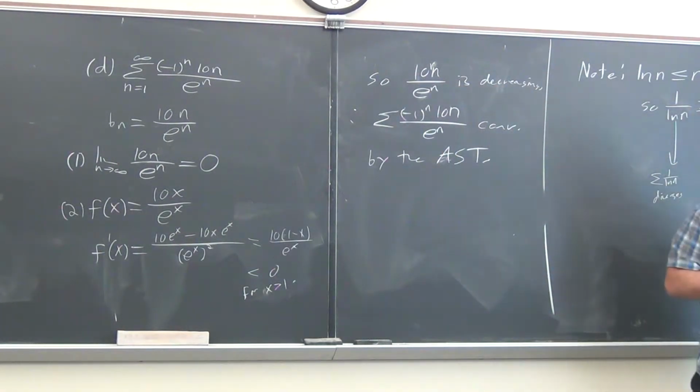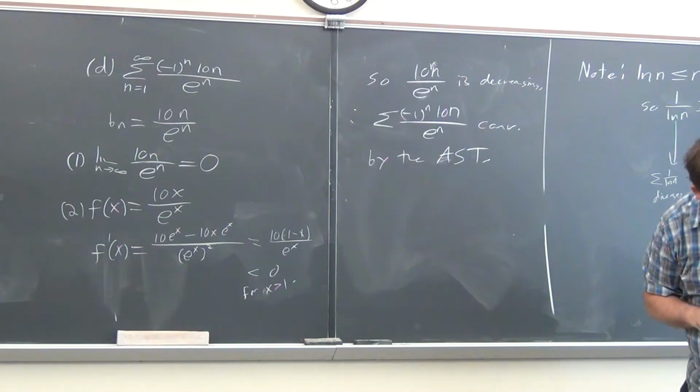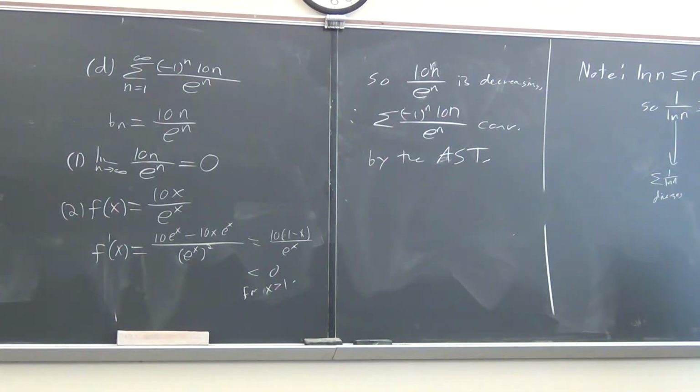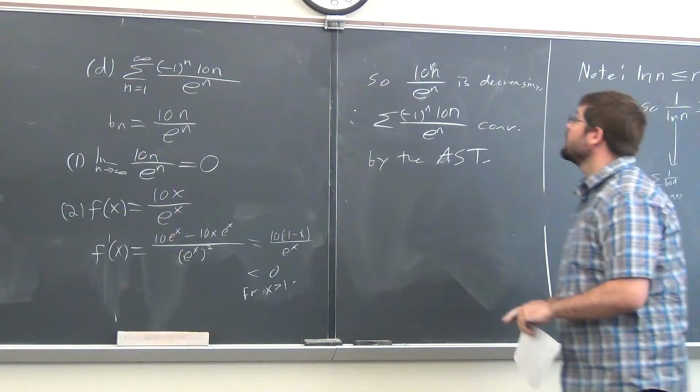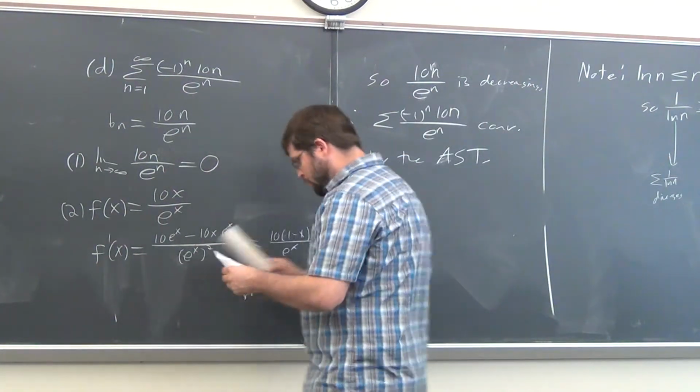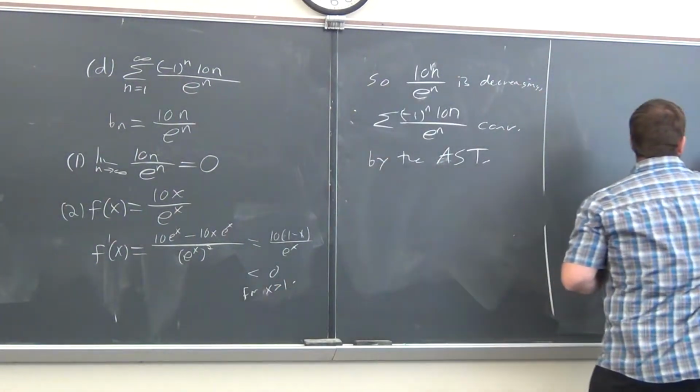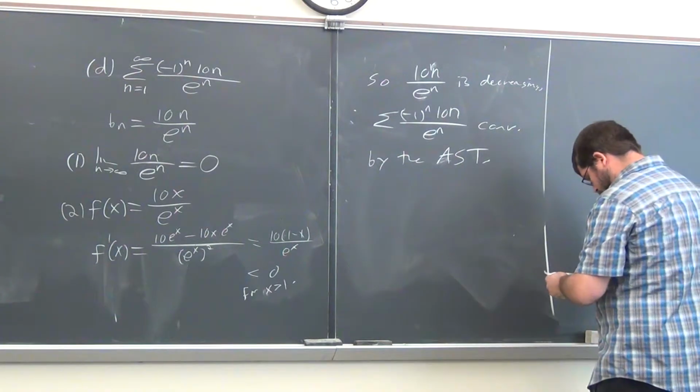So we'll see in the next section, the ratio test, that the ratio test is the much better way to do this problem. It applies really quickly, and we'll get convergence immediately. But anyways, we'll see that as we move along. Let's just plug away here. All right.